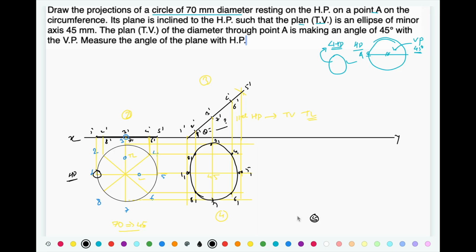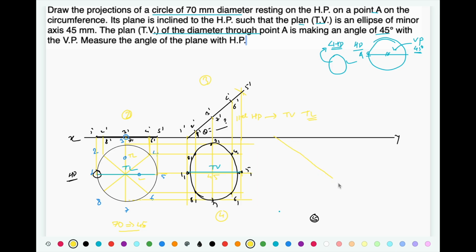Now while drawing step number 5, next the diameter passing through that point 1, that is the diameter 1.5, and this is 1 1 5 1. This is the top view and this is the true length. What they have given is that the top view of the diameter is making 45 degrees with VP. So we can directly draw this top view inclined at 45 degrees.